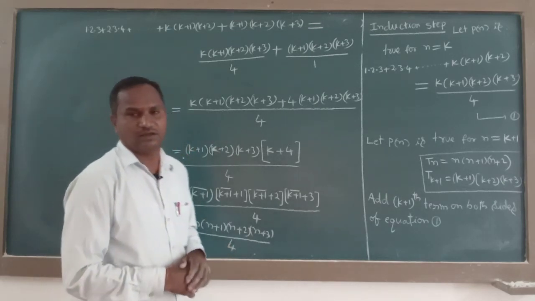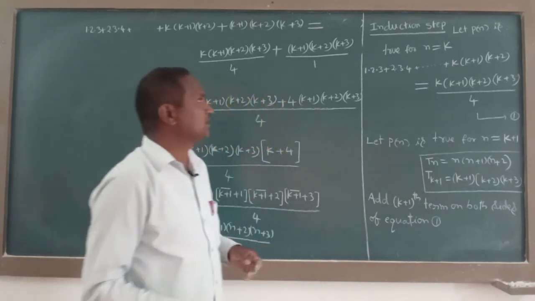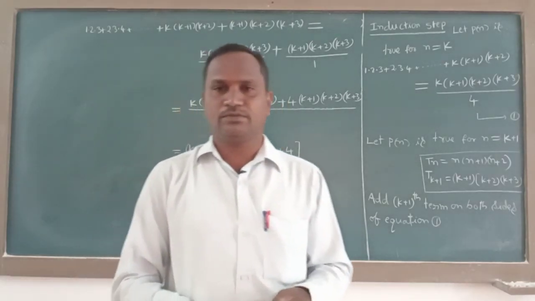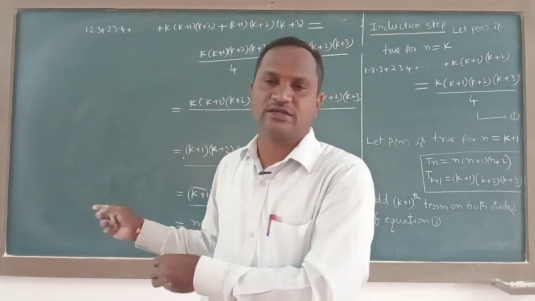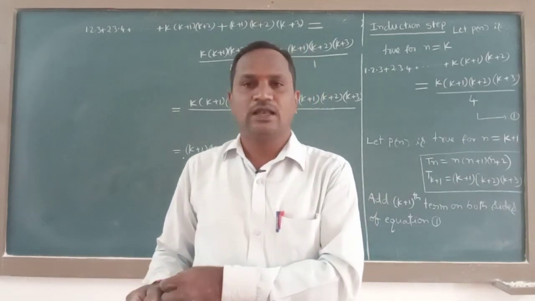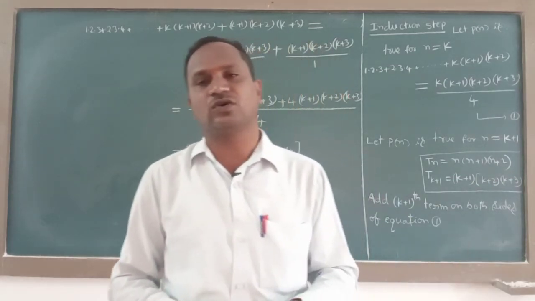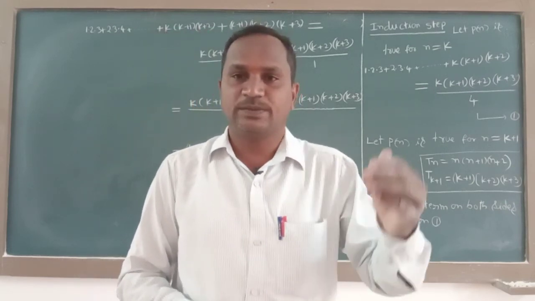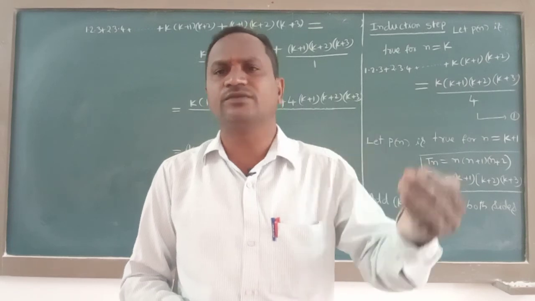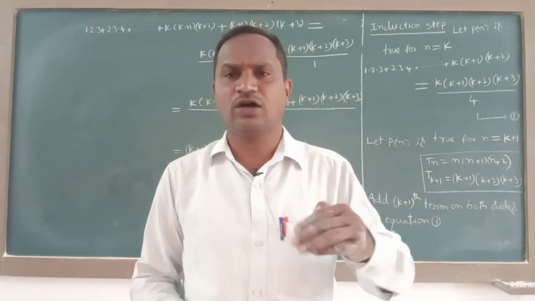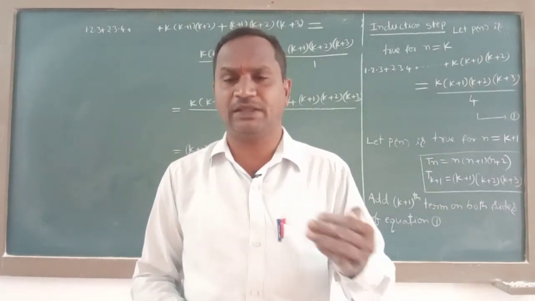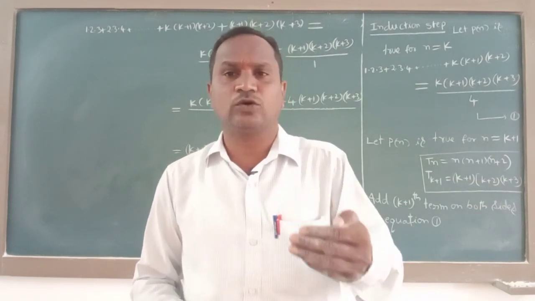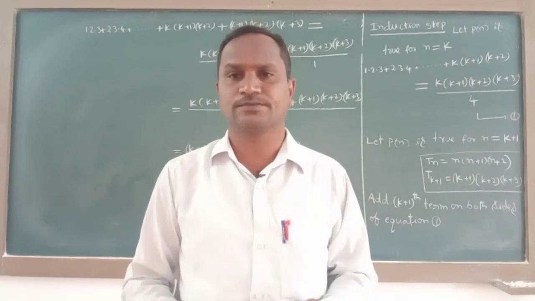The last one is the conclusion step. We already knew about the conclusion step. You should write the conclusion step for this too, because in the previous classes also I have given and written the conclusion step. Similarly, in the same way as in the previous problems, you should write the same conclusion step for this problem also.